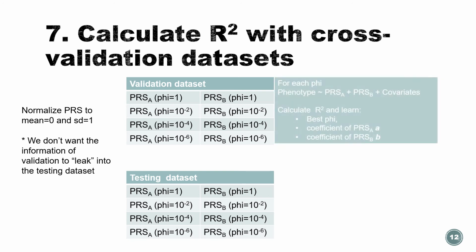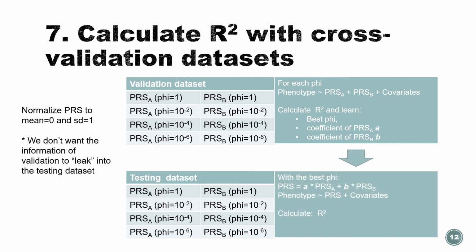For each phi, you predict the phenotype with the normalized PRS-A and the normalized PRS-B and get the R-squared. You compare the R-squared from each phi and learn the best phi and the coefficient of the two PRS under that phi.